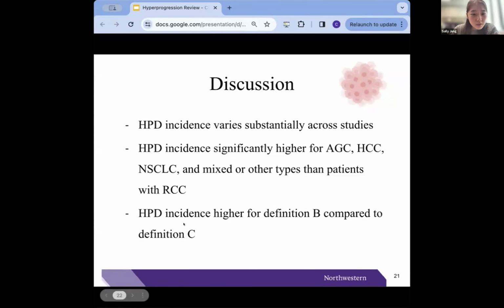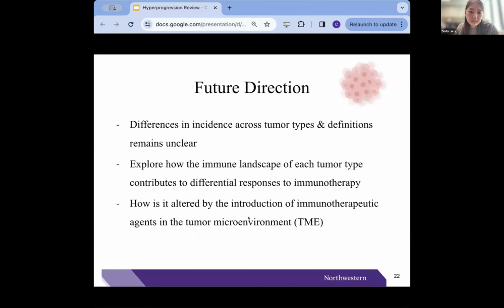So it introduces uncertainty in the estimation of true HPD incidence. It could lead to general overestimation or underestimation of HPD incidence. So it's really important to continuously investigate differences in incidence between all the definition types. And these are some future directions.